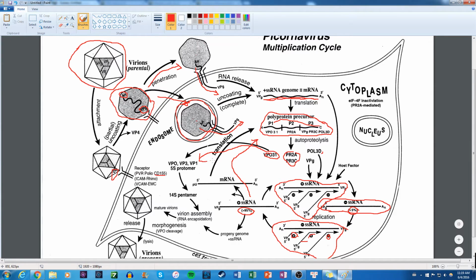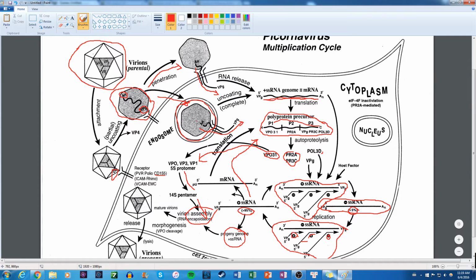VP0-3-1 is just your precursor, or your immature VP1, VP2, VP3, VP4 proteins. Then they mature. Okay, now you have a bunch of structural proteins and a bunch of positive ssRNA genomes.